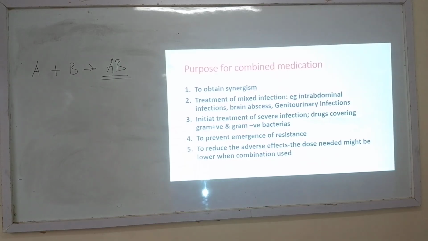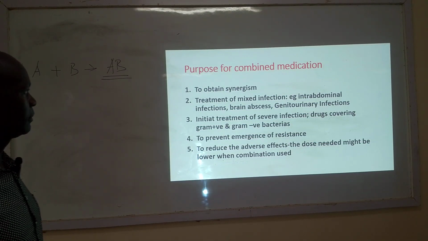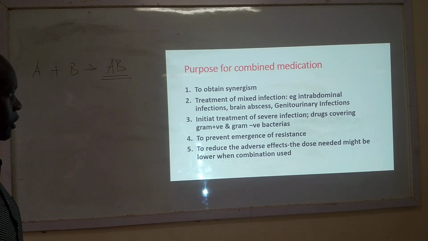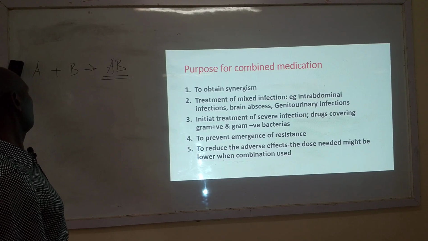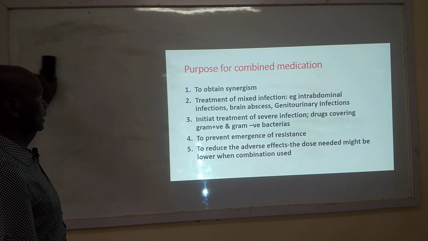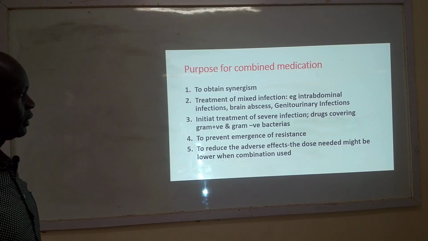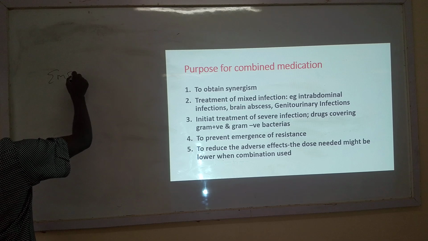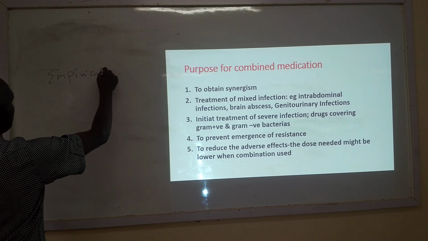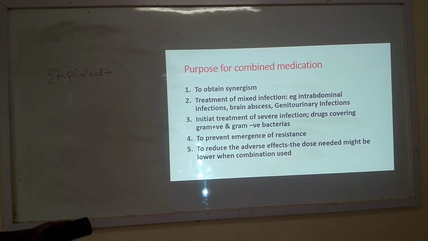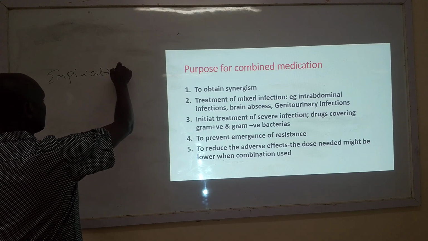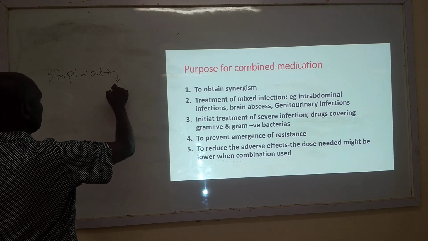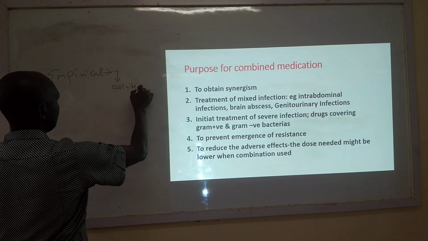We also use combined therapy when we want to initiate treatment for severe infections, and we want to cover both gram-positive and gram-negative bacteria. That is what we call empirical management. Here, the patient has presented with a severe infection in which the bacteria has not been isolated yet.